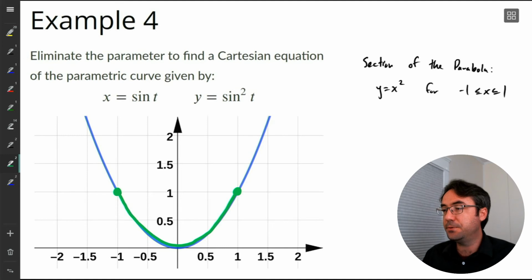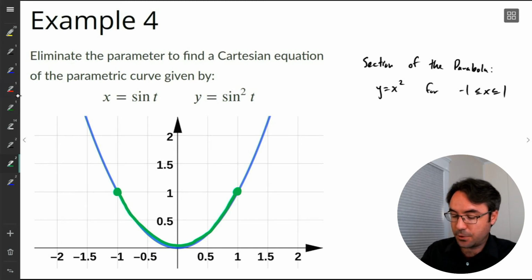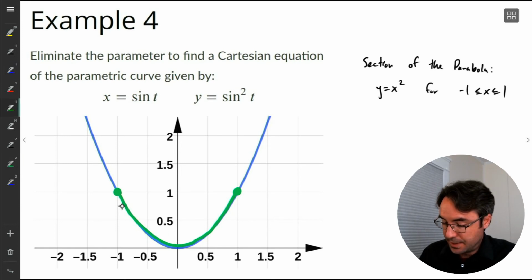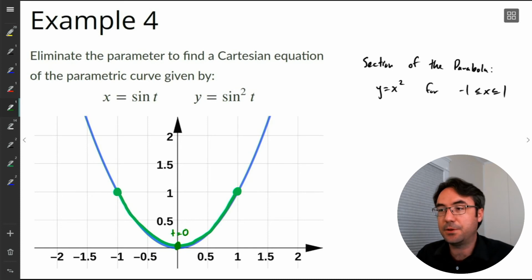Now, if we wanted to, we could get an idea of how this parametric curve traces out, or how our particle moves along this curve. So just try different t values. We could start with t equals 0. At t equals 0, we would be at the origin.